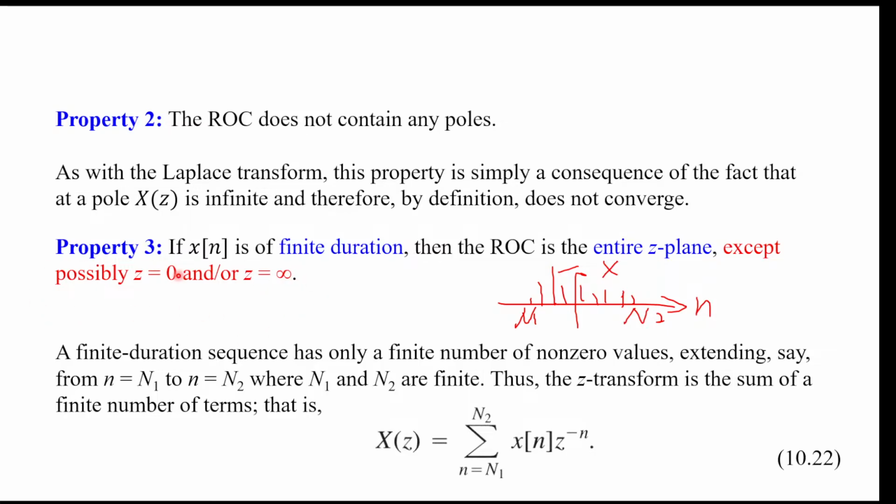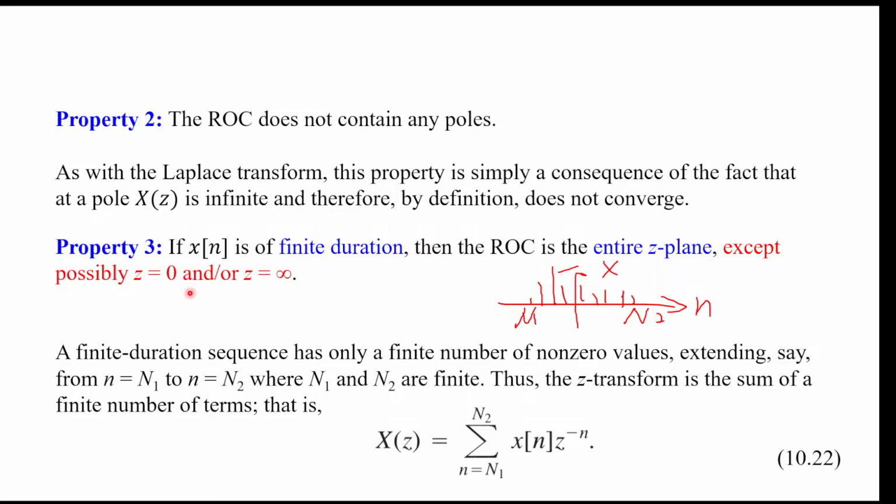In the Laplace transform we don't particularly care about what happens at infinity, but here the ROC being the entire z plane can still have something weird happen at z equal to 0 or z equal to infinity. A bit about the intuition: when infinity happens, weird things happening is fine, that makes sense.